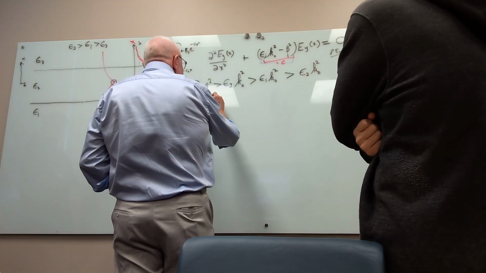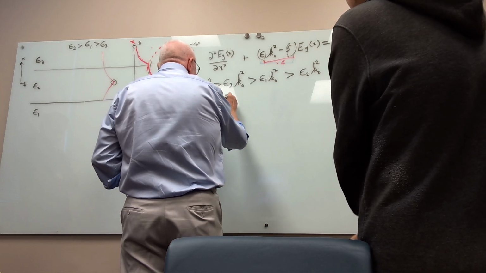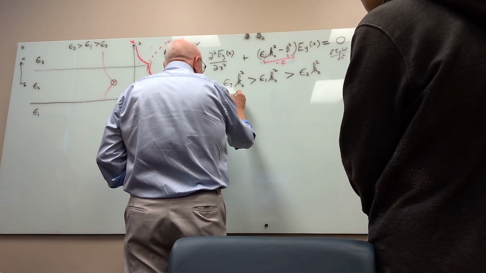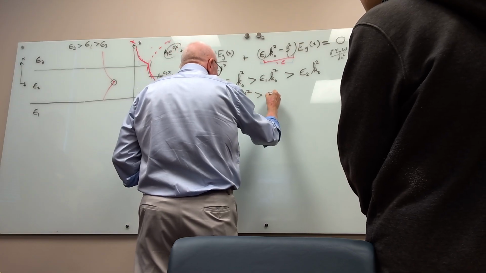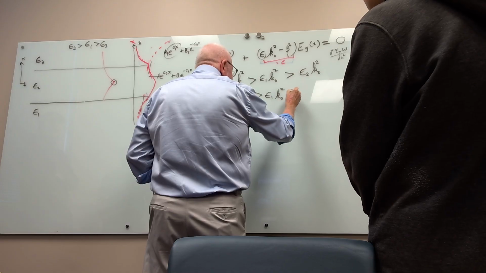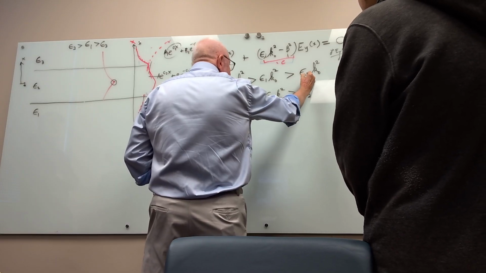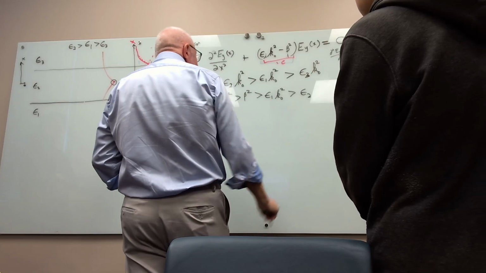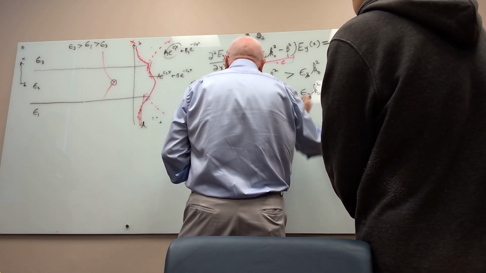Okay, so now tell me what happens if we have epsilon 2 k0 squared greater than omega squared, which is greater than epsilon 3 k0 squared.